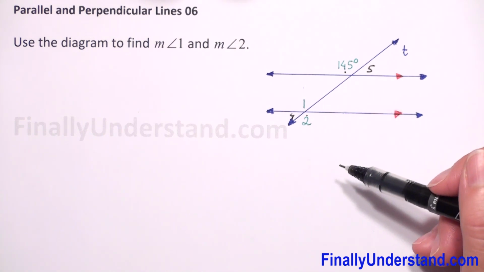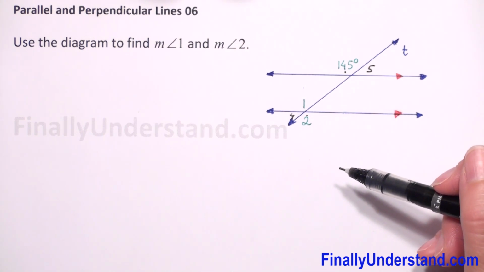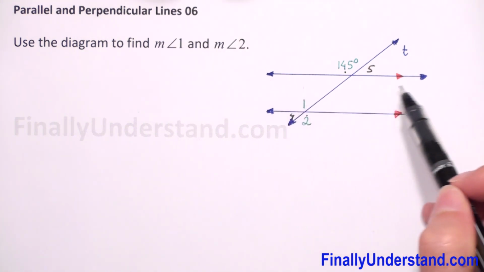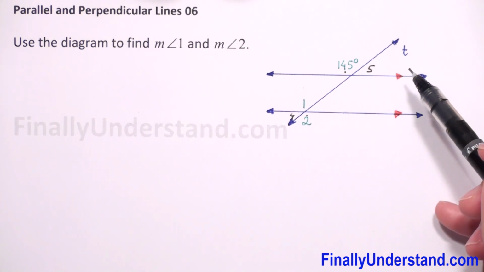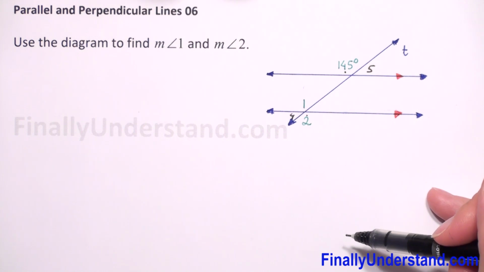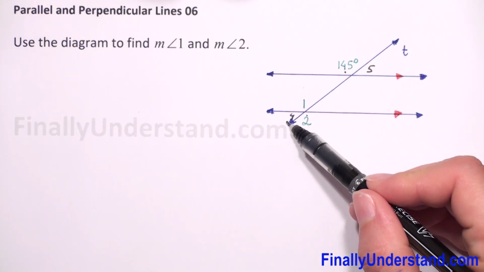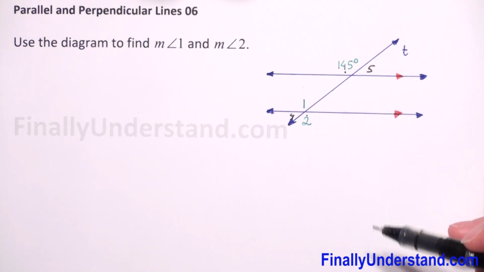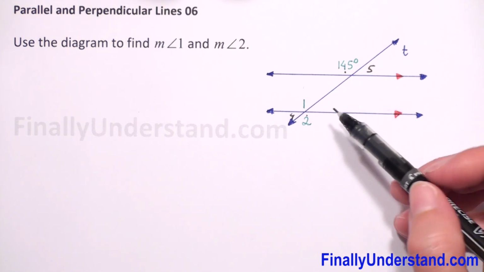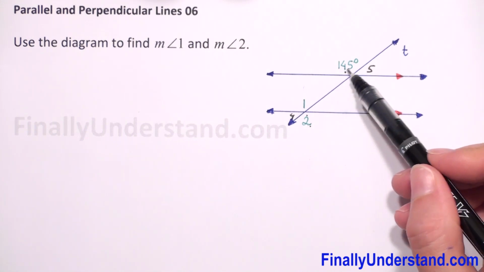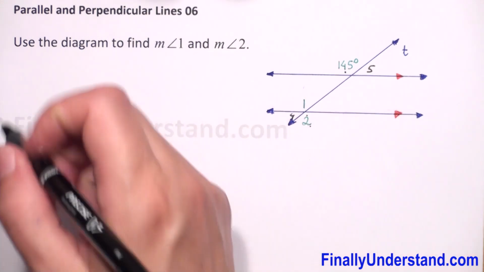So we can use here the theorem that alternate exterior angles are congruent. When two parallel lines are cut by a transversal, then the pairs of alternate exterior angles are congruent. So it means that the measure of angle 2 is equal to the measure of the angle 145 degrees.